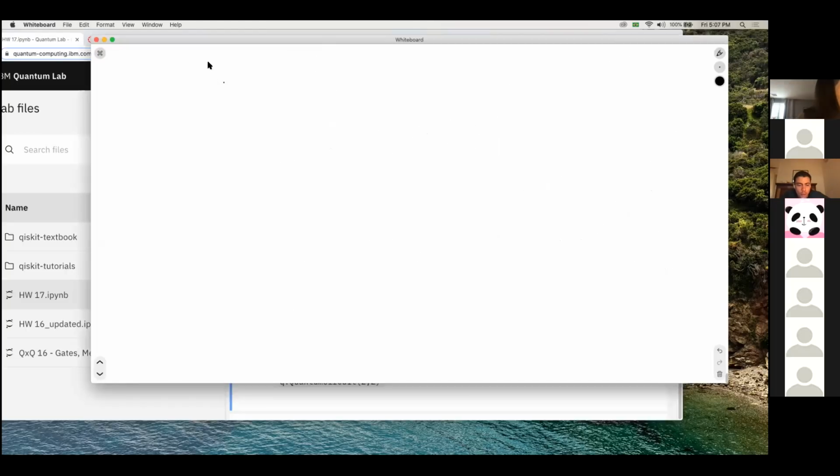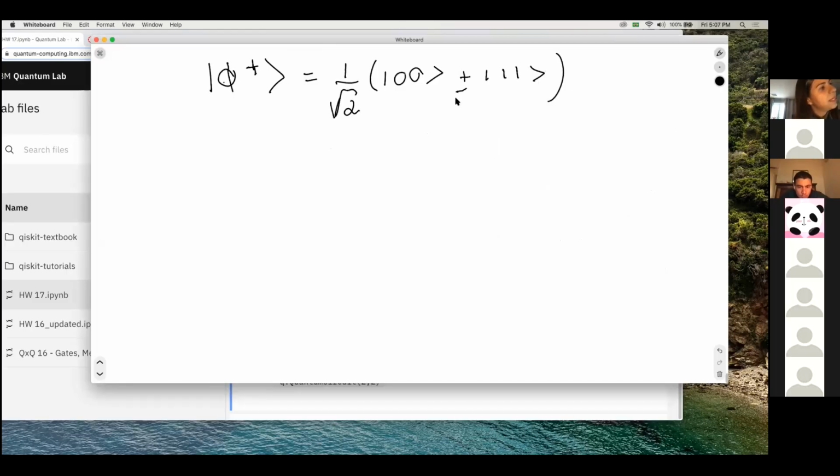The phi plus Bell state is given, it's called phi plus because we have a plus sign here. The phi minus Bell state is going to be very similar.